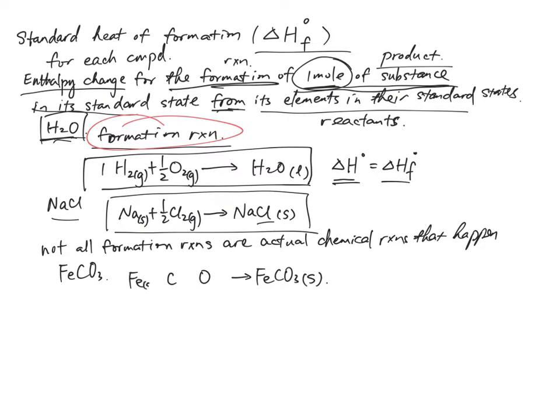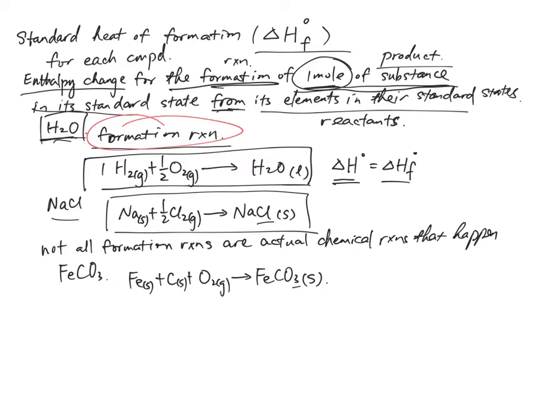Iron is a metal, so atomic symbol, put solid on there, you have 1 mole of it, so you're good. Carbon is a solid, and you don't need to worry about it, we use the atomic form of the carbon atom. And what about oxygen? Oxygen is O2 gas, and how many?